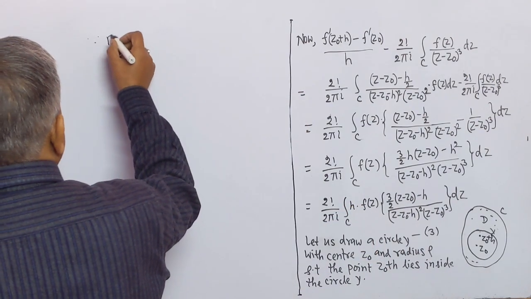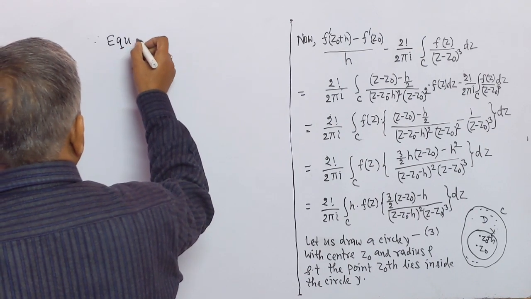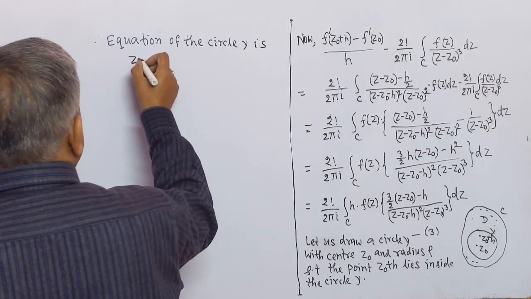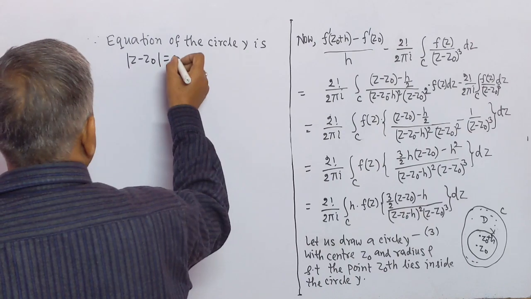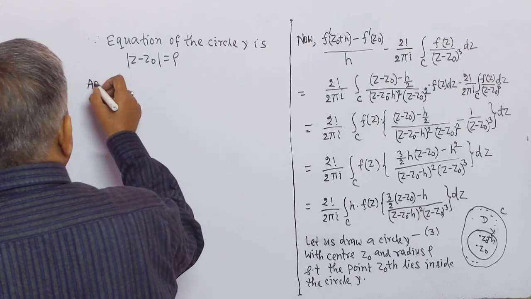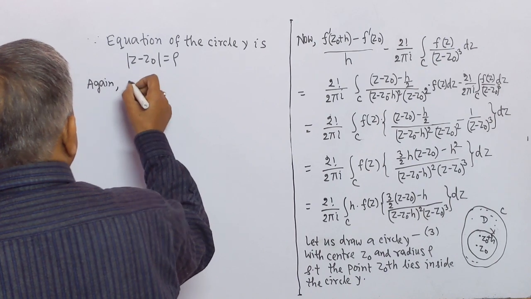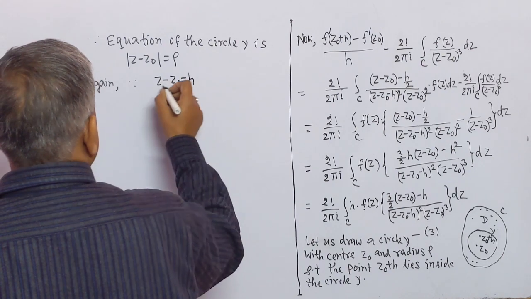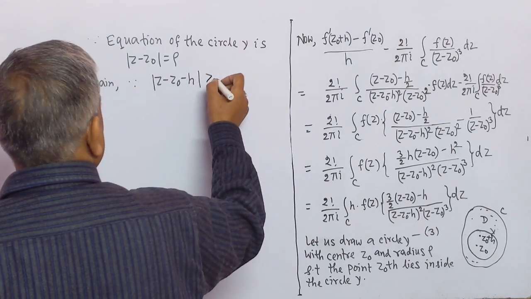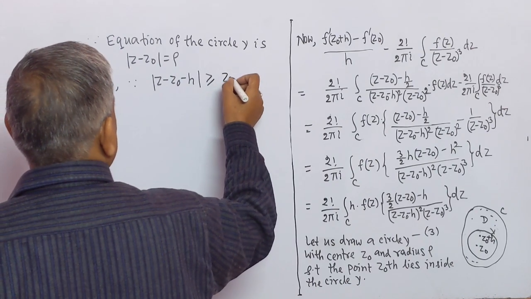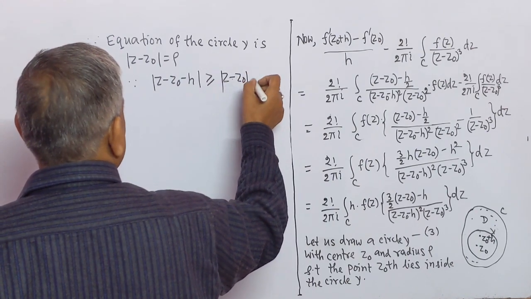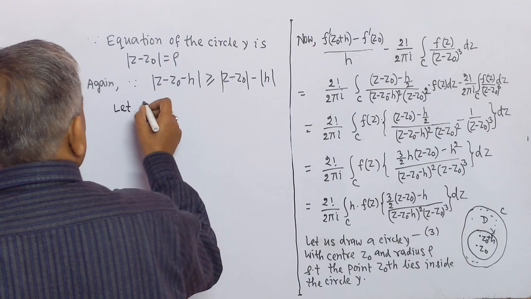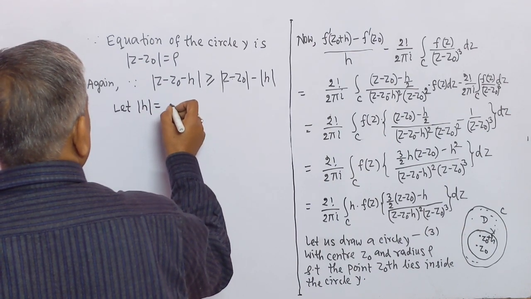Since the equation of the circle gamma is |z − z0| = rho. Again, since |z − z0 − h| ≥ |z − z0| − |h|, let |h| equal to half rho.